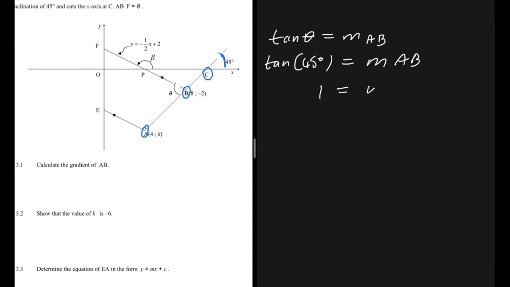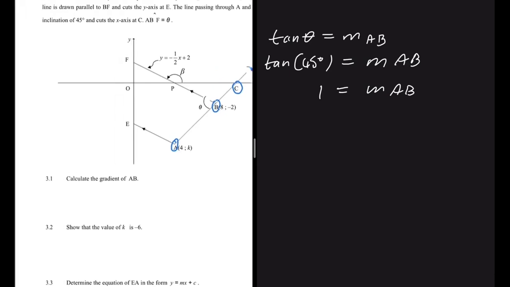Since we have the angle of inclination, we can use tan theta is equal to the gradient of AB, right? We are allowed to do this. From here, we can say that tan of 45 degrees is equal to the gradient of AB. So the gradient of AB will be tan of 45 degrees, which is 1. So the gradient of AB is equal to 1. And that's how you do that question.